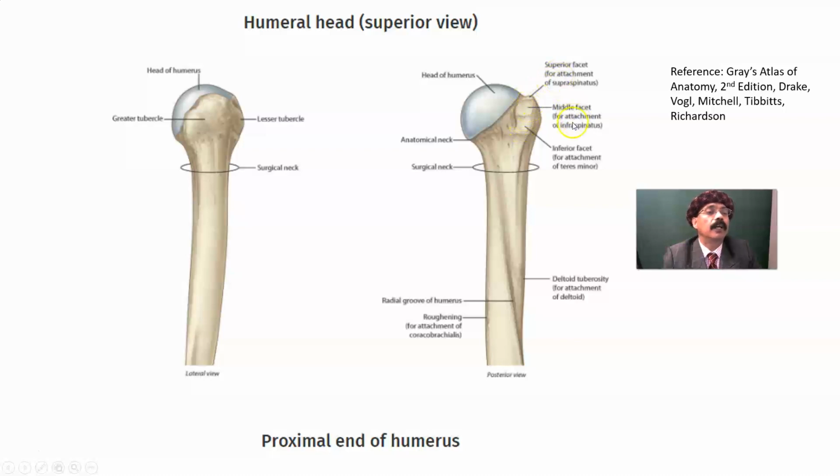So SIT, sit muscles. If you write that, SIT, sit muscles. These three muscles, plus the muscle inserting to the lesser tubercle, that is subscapularis, give us the SITS muscles. This forms the musculotendinous ring around the shoulder joint.